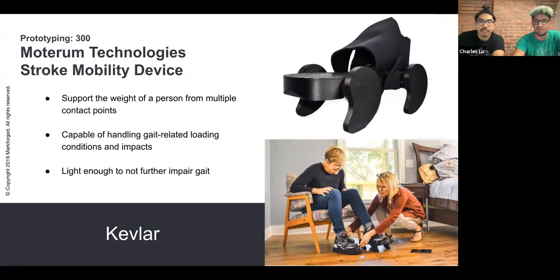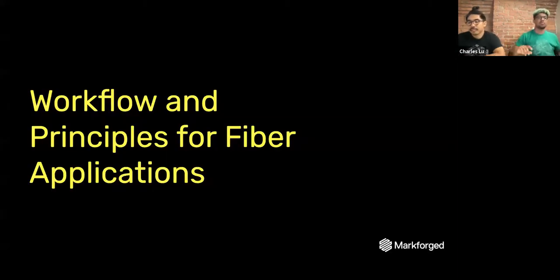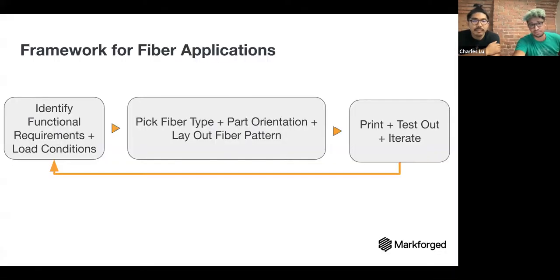But now that brings us to workflow and principles for fiber applications, where I want to dig into how to think about your use of fiber. This is the way we like to work on using fiber at a high level. Come in, identify your functional requirements and load conditions.